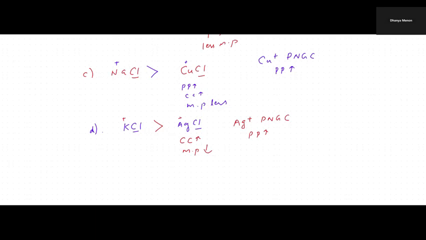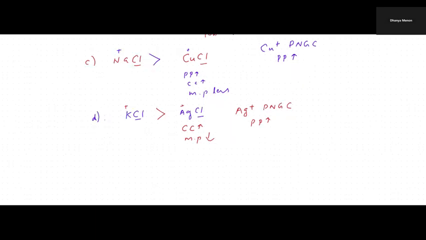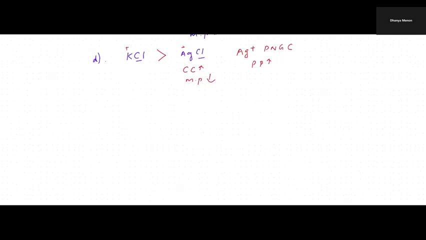Now, similarly, another application we talked about solubility. Those compounds that have more covalent character are less soluble. So, which is more soluble, FeOH3 or FeOH2?